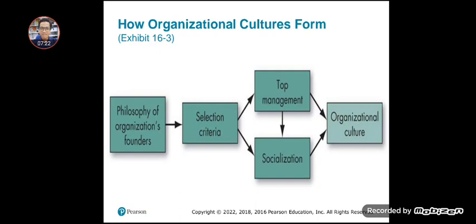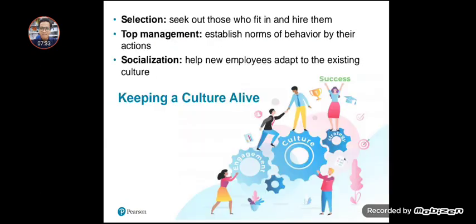How organizational cultures form can be explained through Exhibit 16.3. Keeping a culture alive can be done in three main ways. The first is to find those who fit into the culture and hire them.